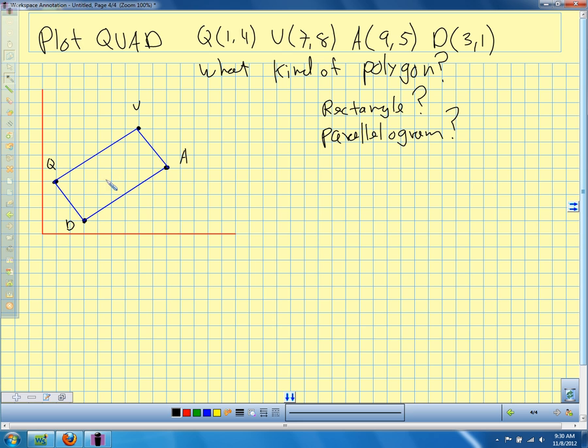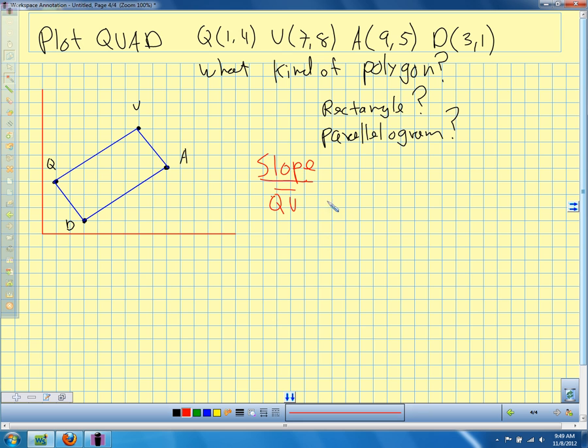So let's calculate some slopes. I'm going to do the slopes in red, and I'm going to shortcut some of the calculations to make it not last quite as long. So we want the slope of the segment QU.